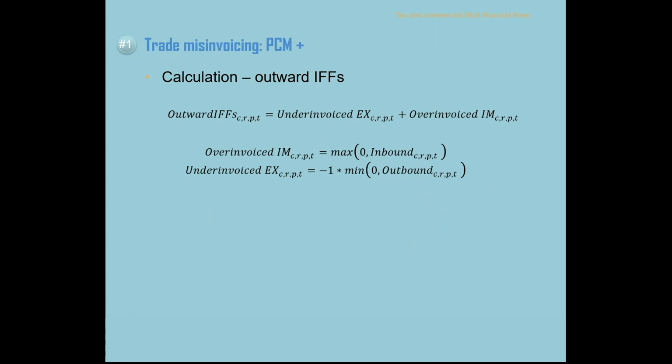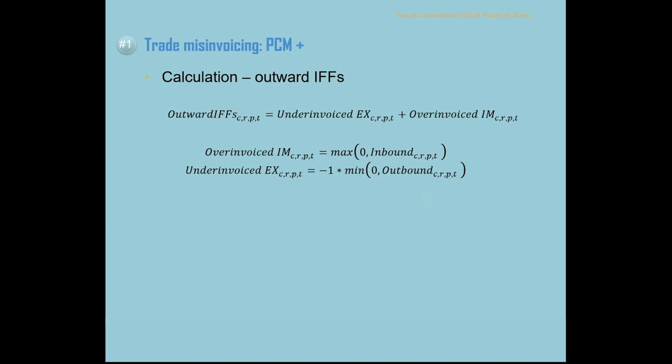The under-invoiced export would be when we have a good with a true value of 100, and we send it abroad, but our invoice only says 80. That means we will be receiving 80 into our country, but the 20 will be put on our, let's say, offshore bank account. So our country will not be seeing it. This is the amount of money that will be leaving our country as IFFs.